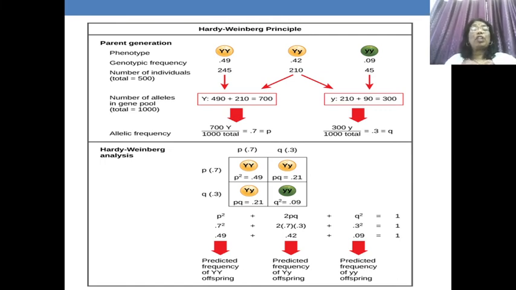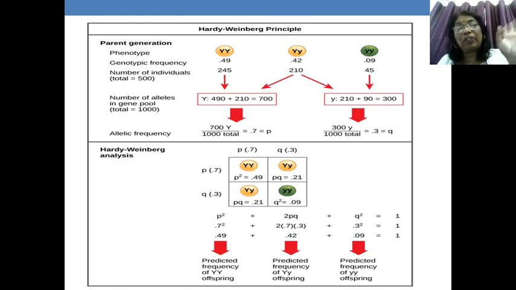But when we observe whether their allelic number remains constant or not, in this diagrammatic representation, p square plus 2pq plus q square is equal to 1. This equation we know. P square means 0.7 square, 0.49. 2PQ is 2 times 0.7 times 0.3, 0.42. And Q square is 0.3 square, 0.09.